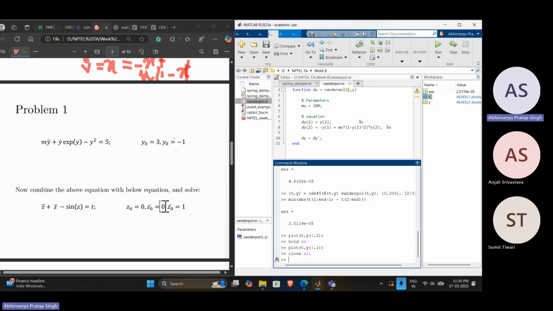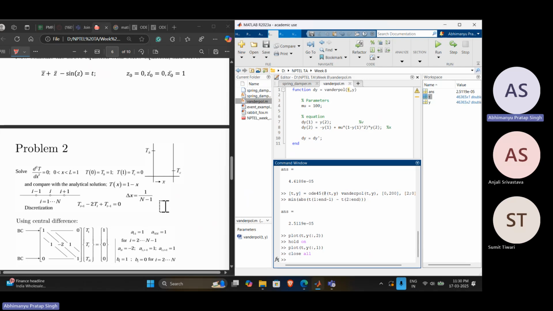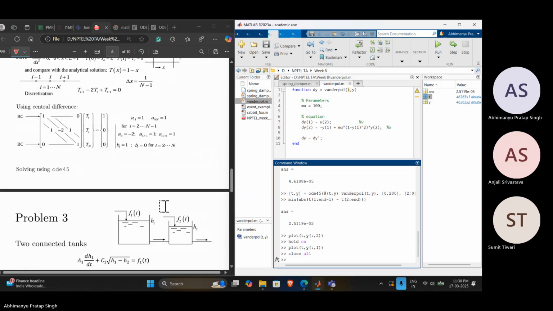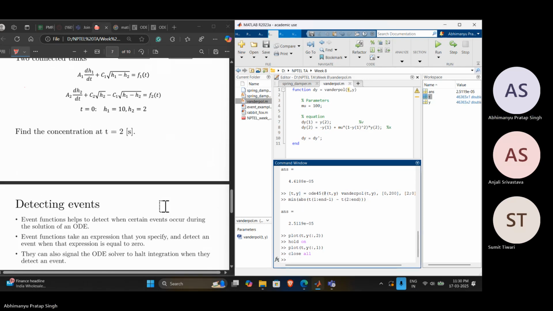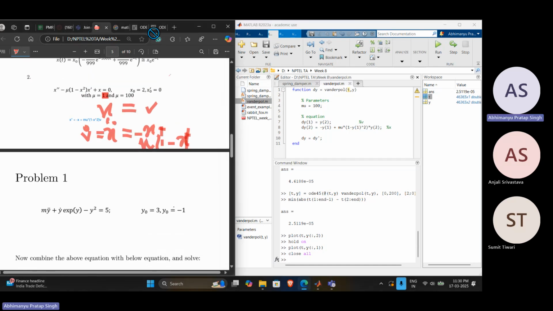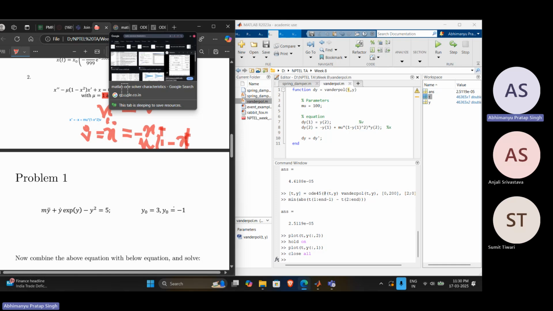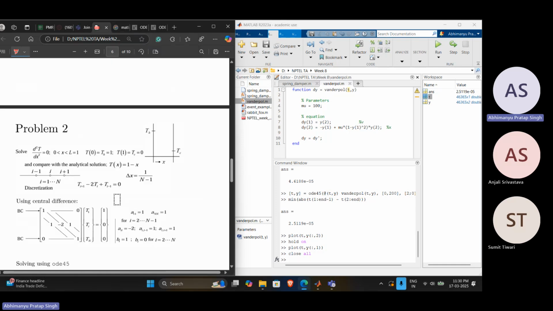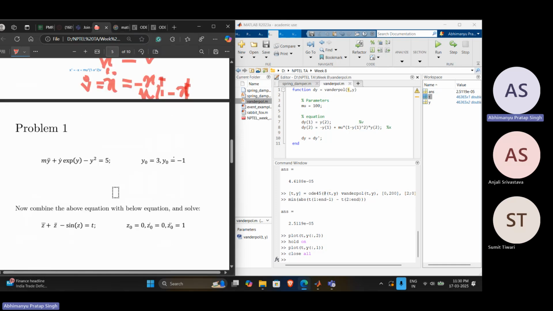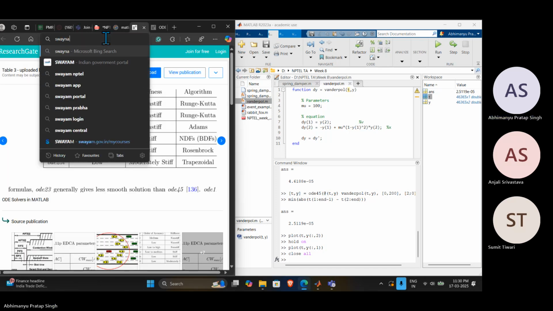So this is another example. Let us first solve the sample problem that is there in the non-graded assignment, and then we will look at them. These are basically the same problems, just a little bit tougher. Just open the Swayam portal.